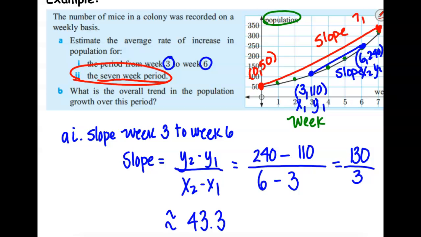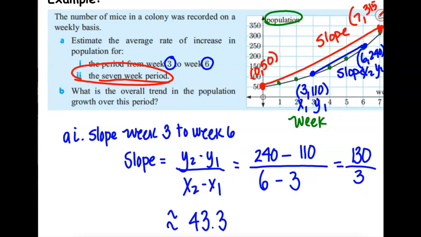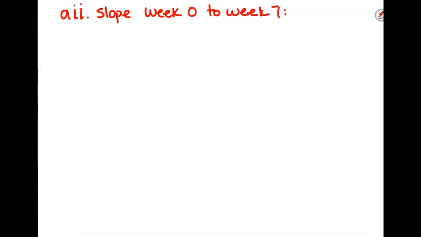Time of 7 weeks, 315 mice. That's about. All right, so let's add that page. So part AII, we're going to find the slope from week 0 to week 7.